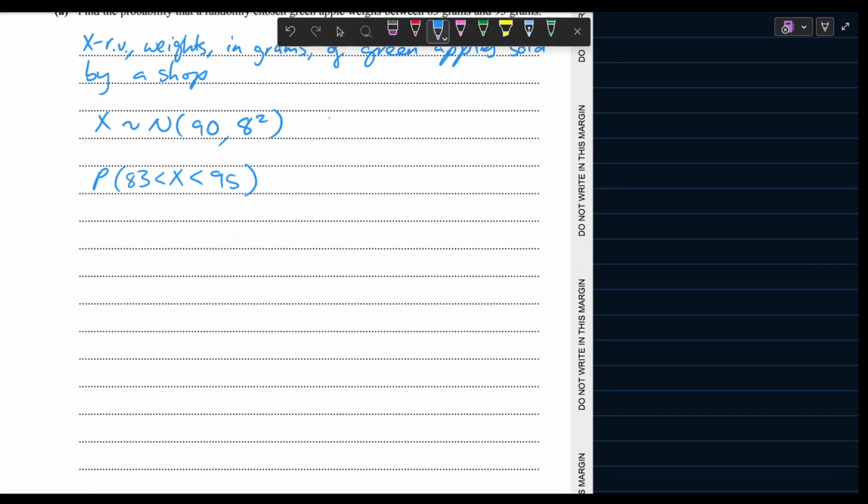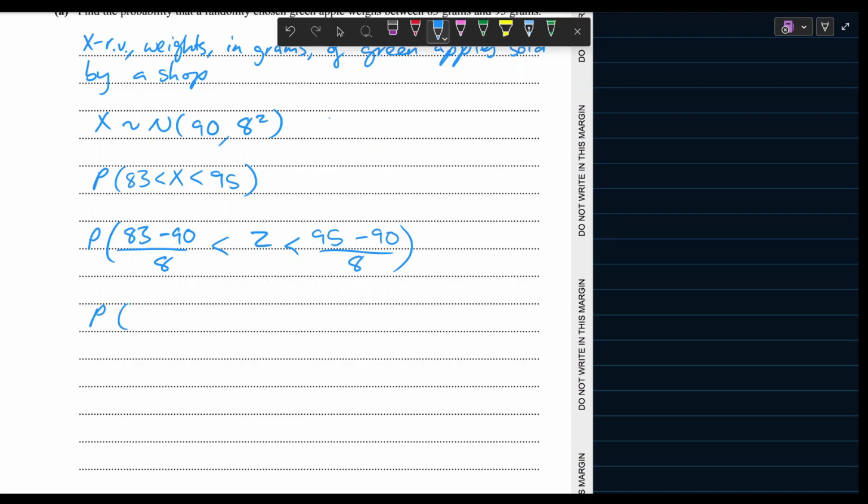Okay, so let's standardize. This is going to be 83 minus our mean, which is 90, divided by our standard deviation, which is 8, less than Z, which is less than 95 minus our mean, which is 90, divided by our standard deviation, which is 8.